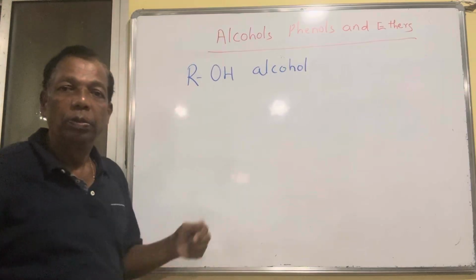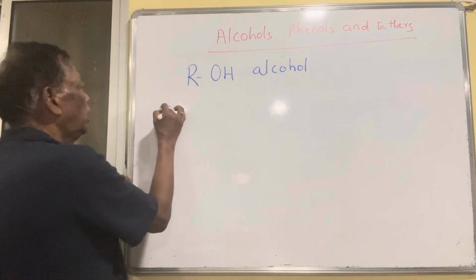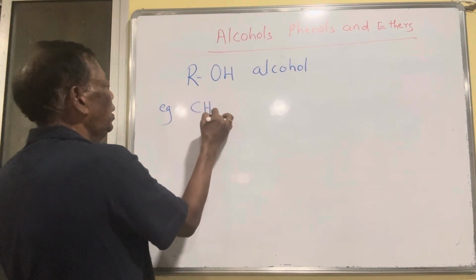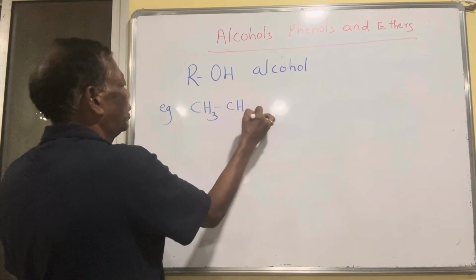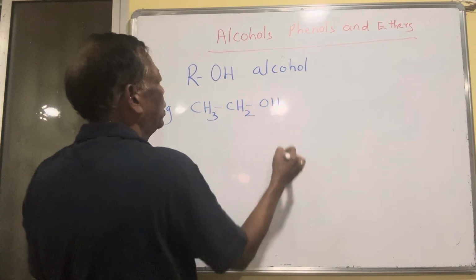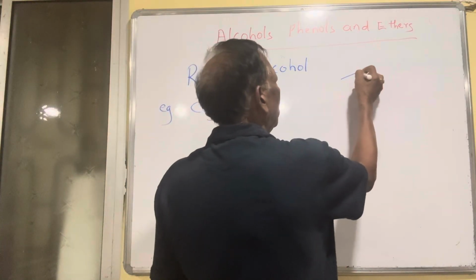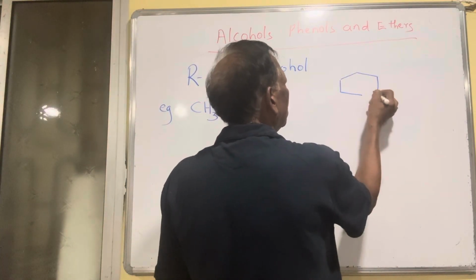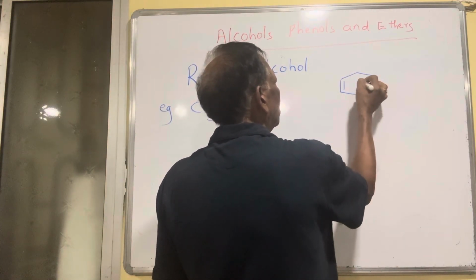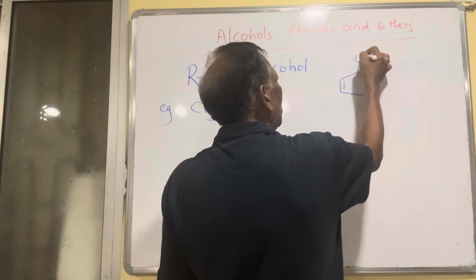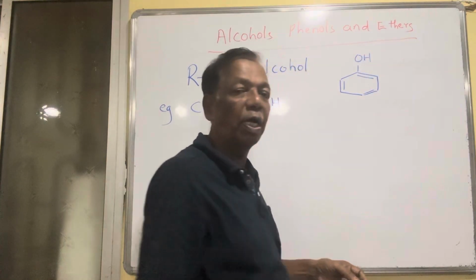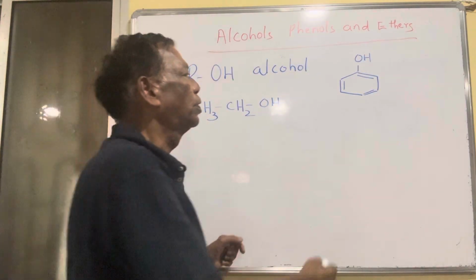Now an example of this, say we have here CH3CH2OH. This is alcohol. If we have a benzene ring with an OH group attached to it, so if there is an OH group attached to this carbon of benzene, then this is called phenol.